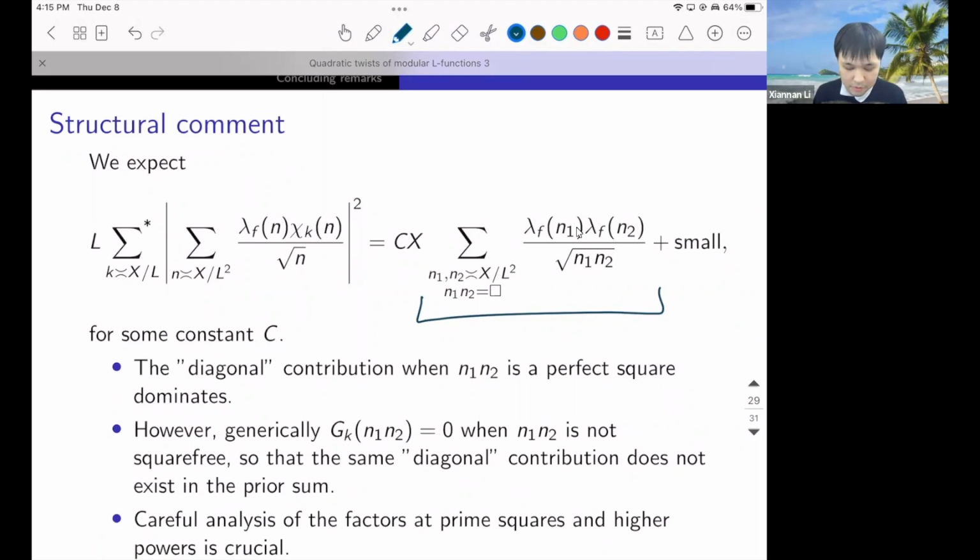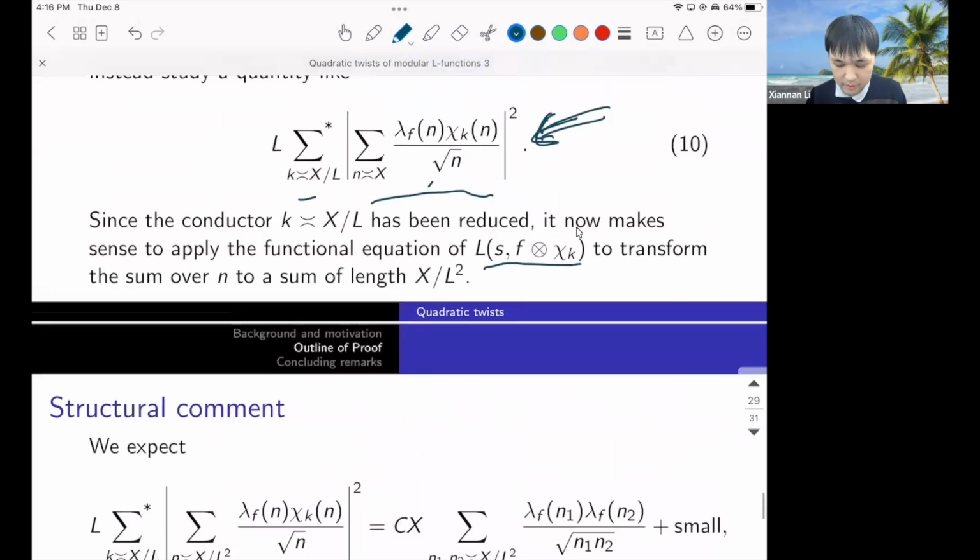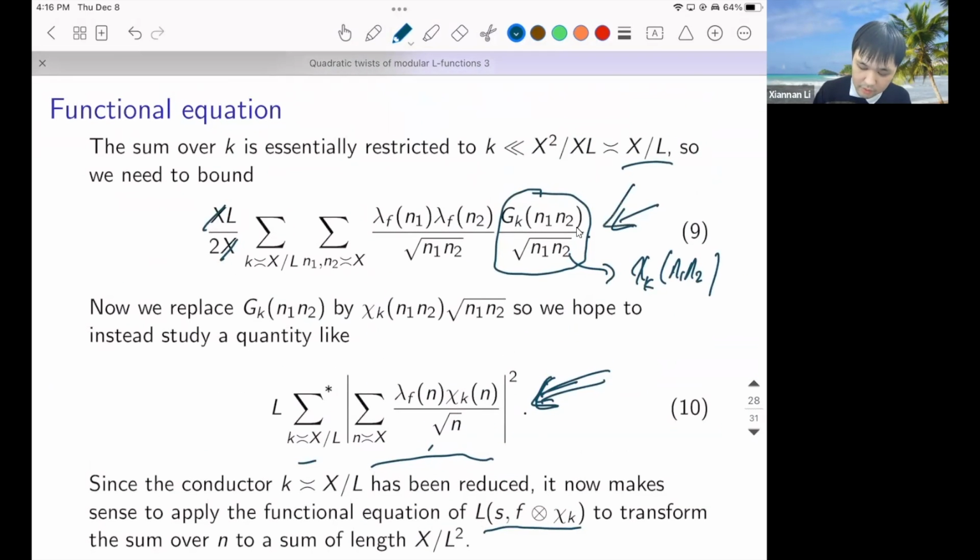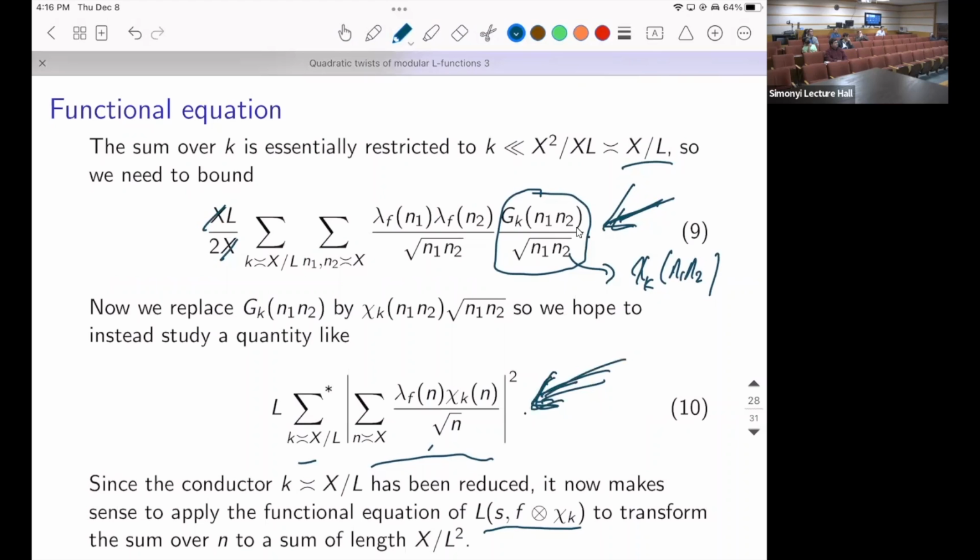And this diagonal contribution you expect to dominate, at least when L is large and the sum over k is larger than the sum over n. But generically, these Gauss-like sums actually vanish when n1 n2 is not square free. So the same diagonal contribution doesn't exist at all. Once again, there's no diagonal contribution here, and we're replacing it with something that does have a diagonal contribution, and which can make it genuinely larger in some cases.